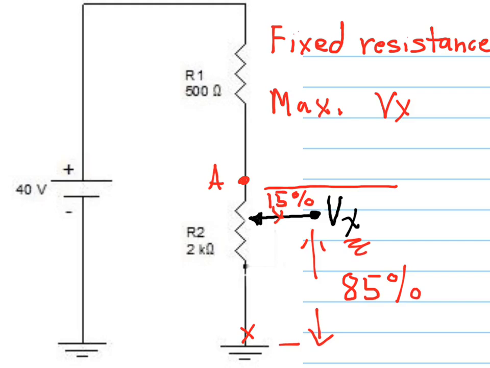If you move the wiper all the way down to, these are just arbitrary points, point B, then this would be a minimum Vx, and of course, in this case, in fact, equal to 0. So we're going to calculate what is Vx with the wiper position as shown, 15% down from A or 85% up from B. It's the same point.